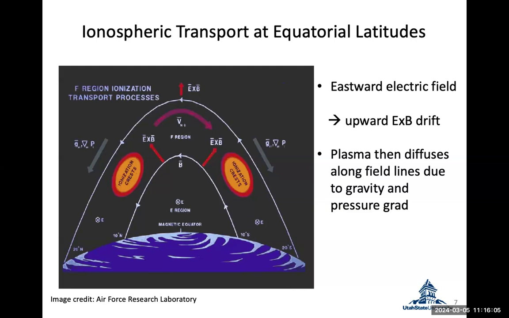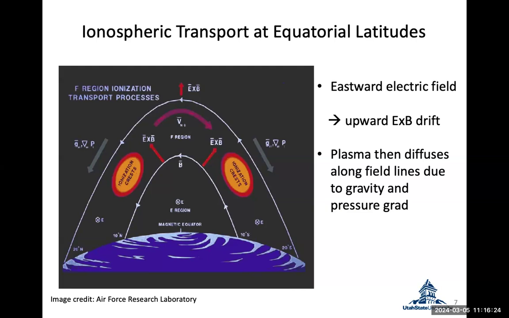So let's think, if we have the magnetic field here horizontal at the equator, pointing from left to right, from the South Pole to the North Pole, and if we have an eastward electric field, then what that creates is an upward E cross B drift.